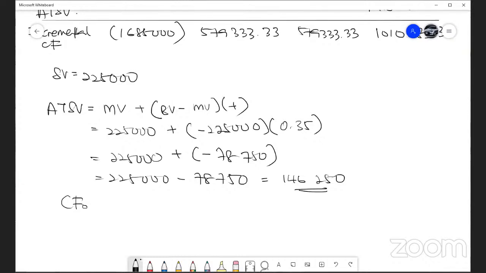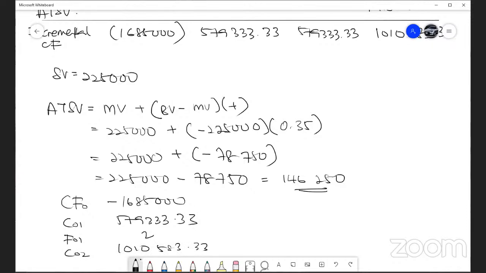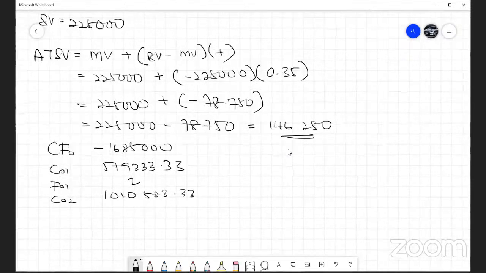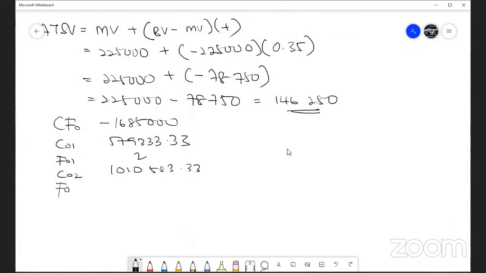If you are using the cash flow function of the financial calculator: negative 1,685,000, cash flow 1, 579,333.33, frequency 2, cash flow 2, 1,010,583.33. Frequency of cash flow 2 is only one time. Interest is 12%. Compute NPV.